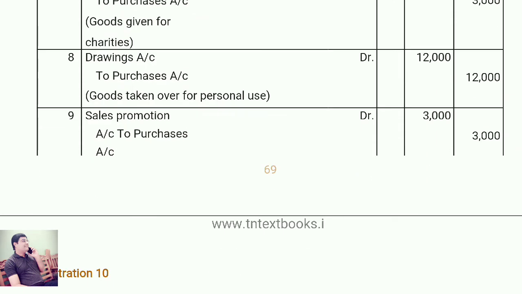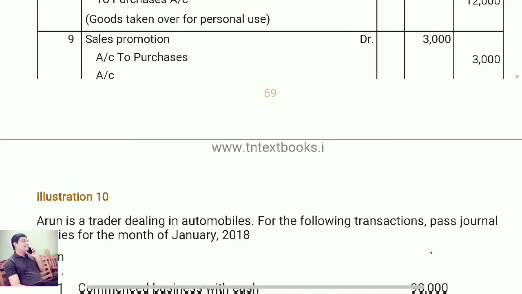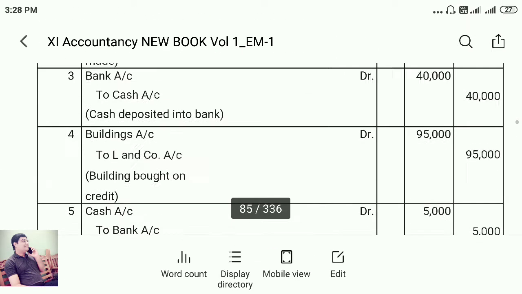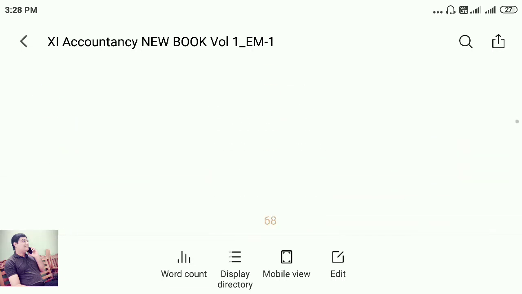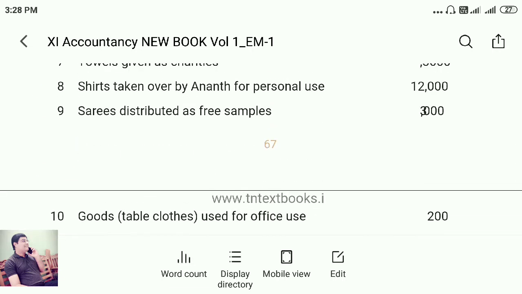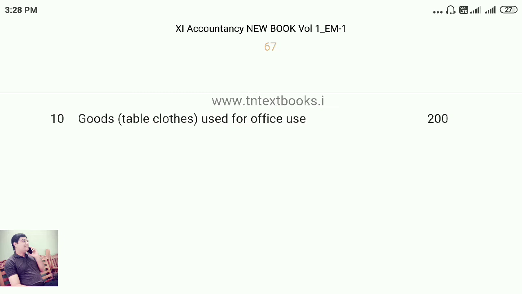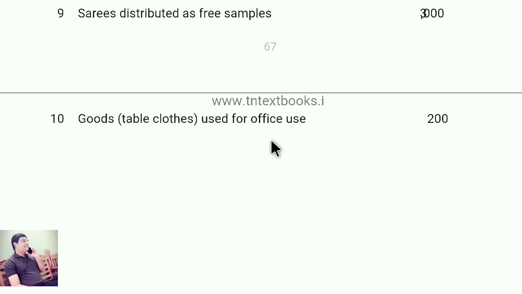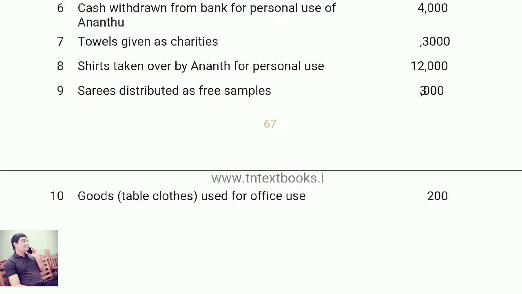Then sales promotion account debit to purchase account. Why has it been written sales promotion account debit to purchase account? See the last one.